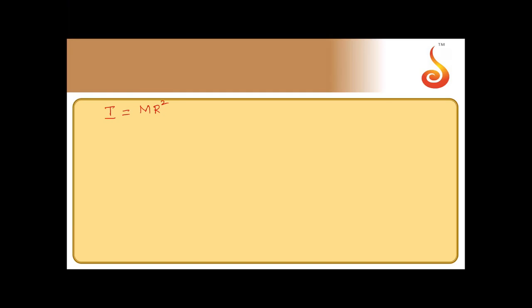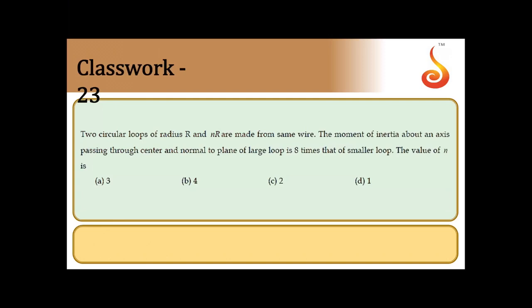So this is, let us say, for small loop. Let this be I1. Now if you take the same wire of same linear density, then I2 will be, it has radius n times r.